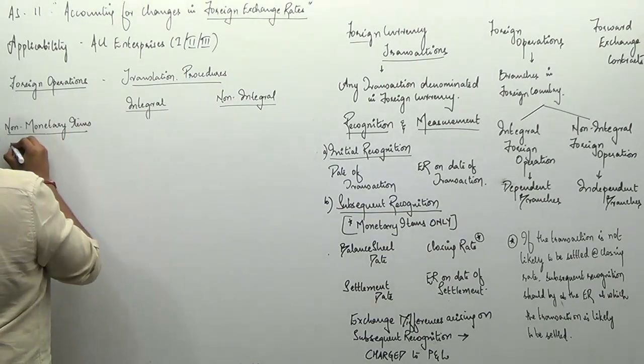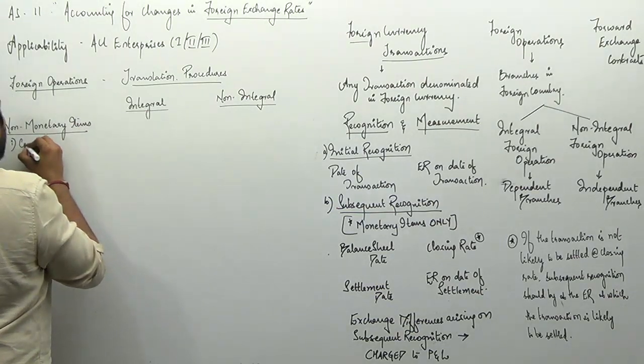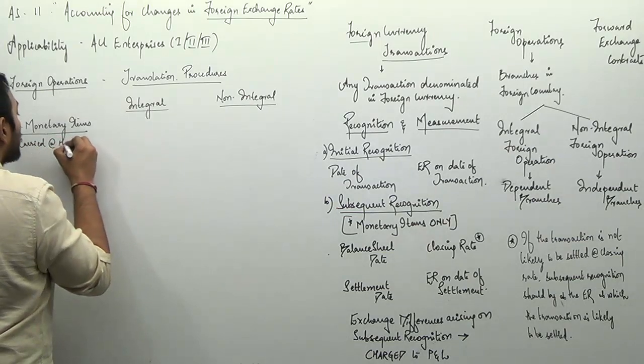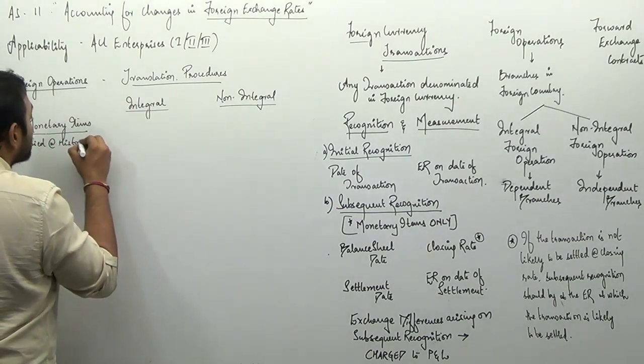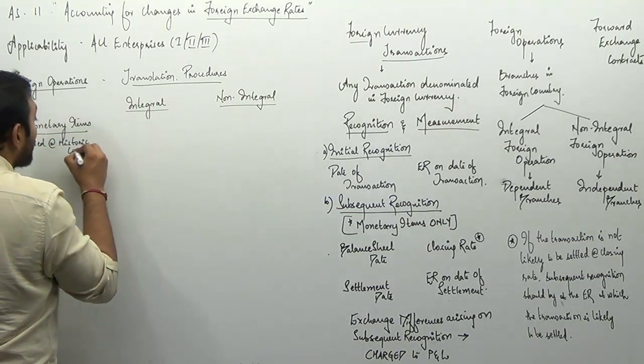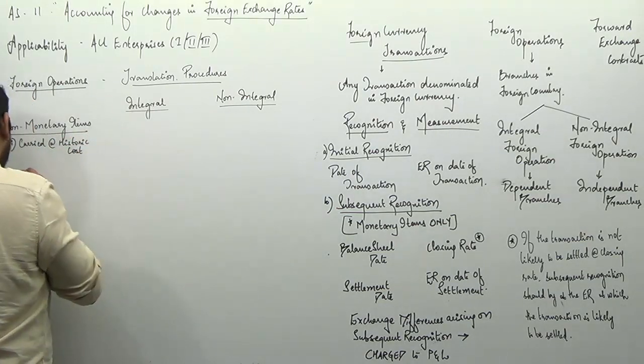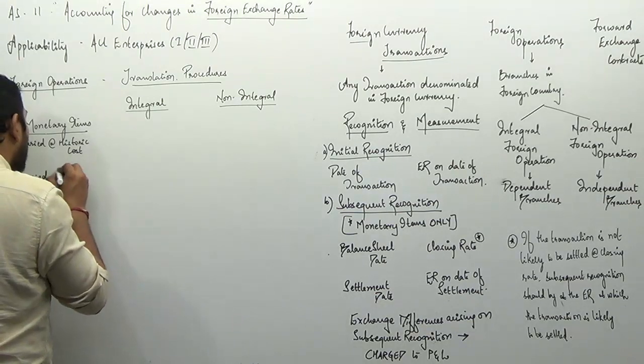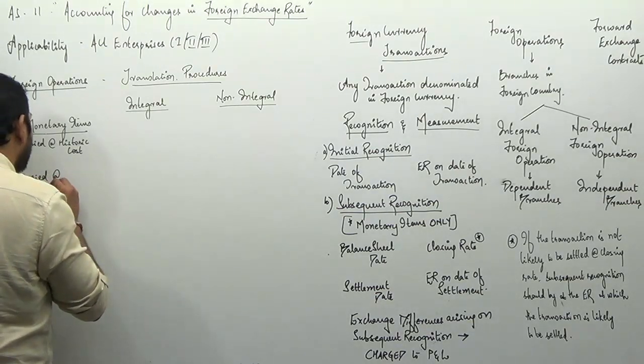Non-monetary items are again split into two types: those which are carried at historic cost, those which are carried at fair value.